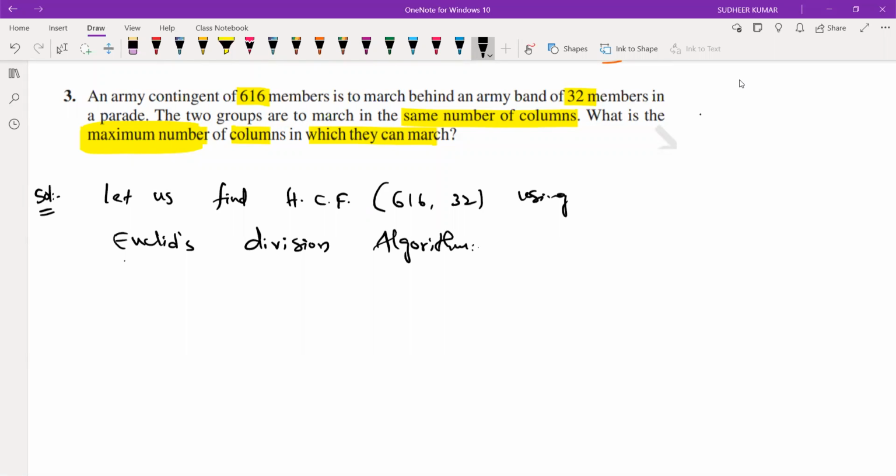What is the Euclid's division algorithm? A equal to BQ plus R, where R is such that 0 is less than or equal to R, less than B.